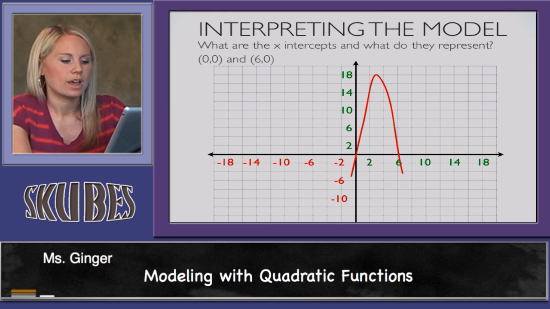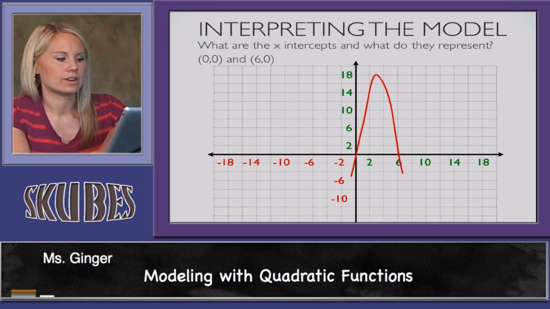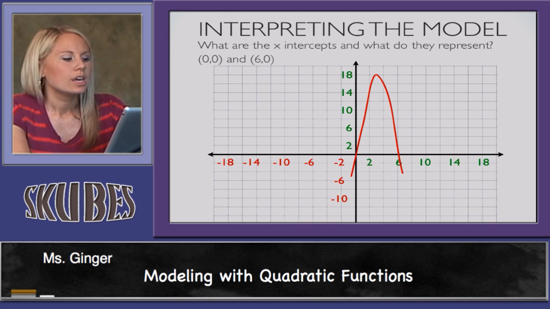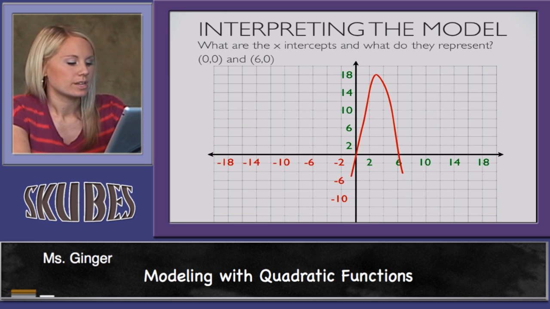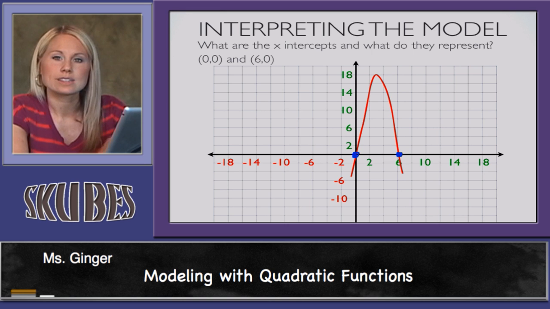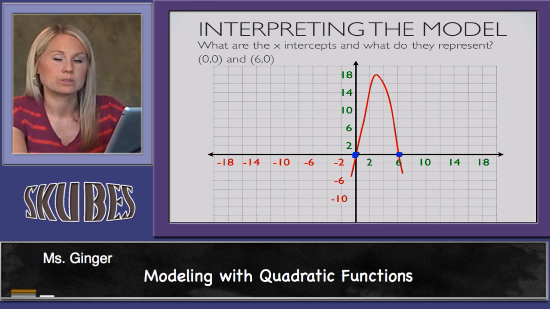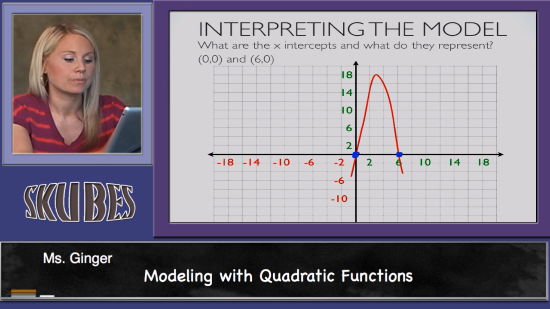We can do that from the graph, or if we're given an equation, we can solve it algebraically that way too. So let's say that we're asked about those x-intercepts and what they represent. We can see where the graph crosses the x-axis. Let's say that we can see that visually, and we confirmed with algebra that it is crossing at (0, 0) and (6, 0).